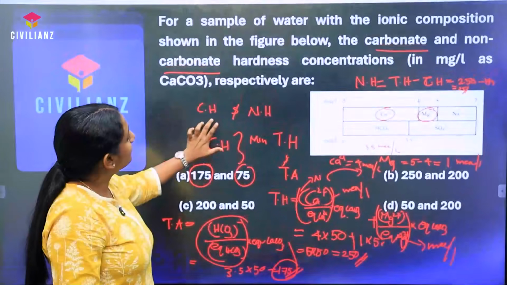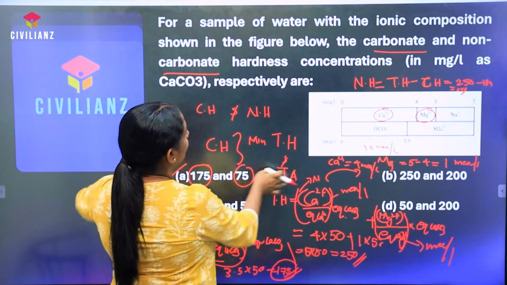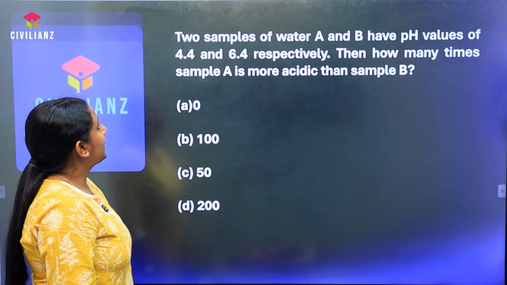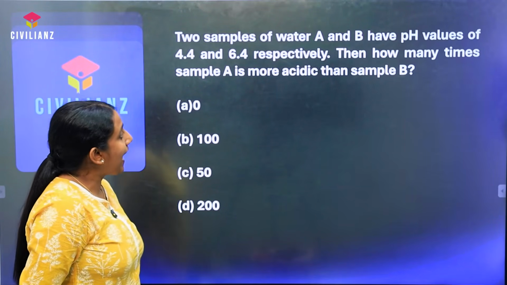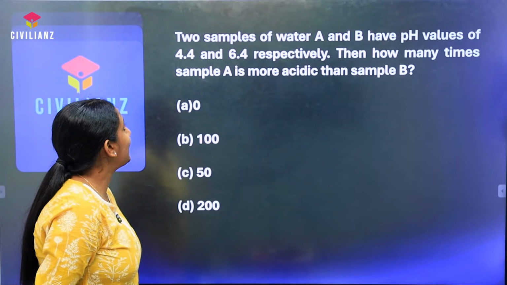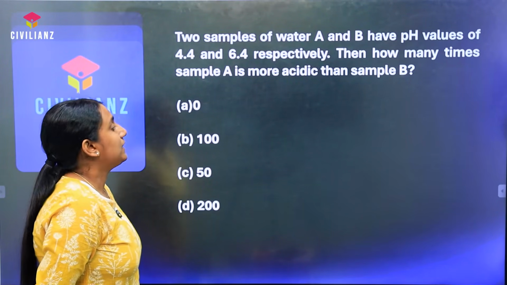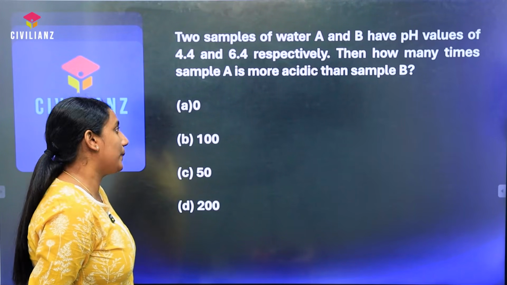Next question, it's a problem. Two samples of water A and B have pH values of 4.4 and 6.4 respectively. Then how many times is sample A more acidic than sample B?